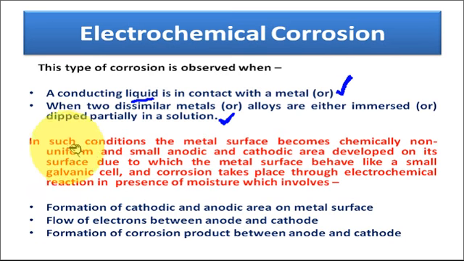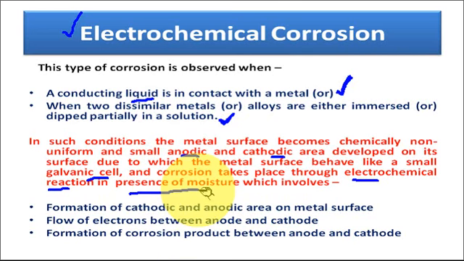Because in such conditions, the metal surface becomes chemically non-uniform and small anodic and cathodic areas are developed on the surface of the metal, due to which the metal surface behaves like a small galvanic cell, and corrosion takes place through the electrochemical reaction. That's why it is called electrochemical corrosion in presence of moisture.